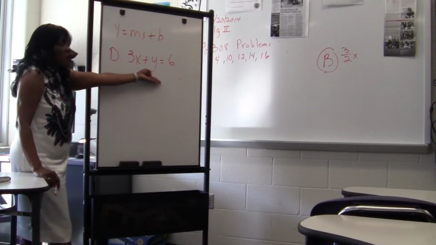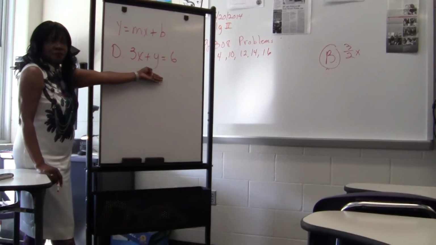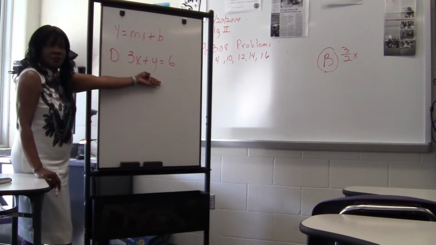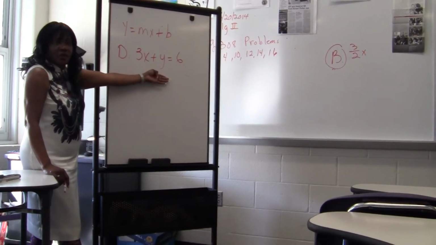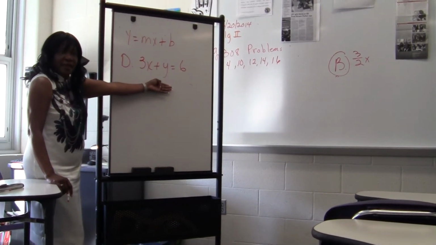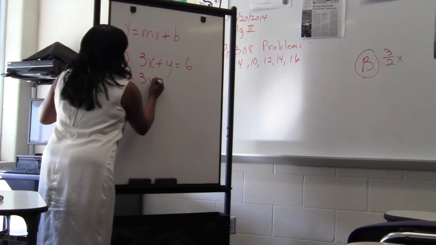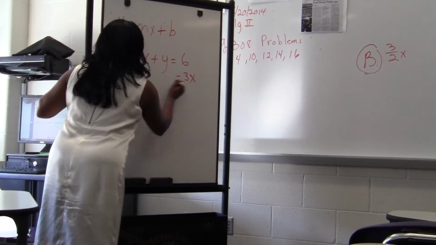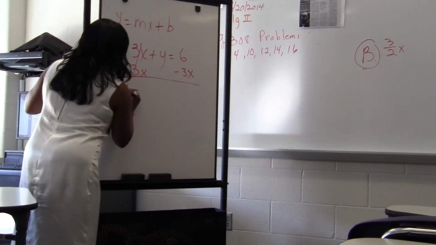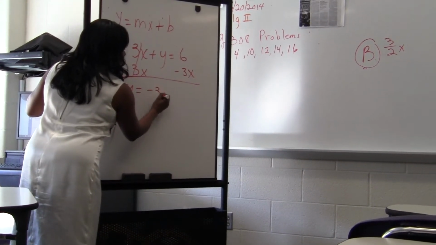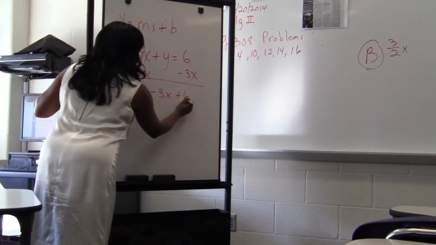What does not belong over here with the y? 3x. Very good. How are you going to take out a positive 3x? Subtract 3x on both sides. Subtract 3x here, subtract 3x there. So y is equal to a negative 3x plus 6.